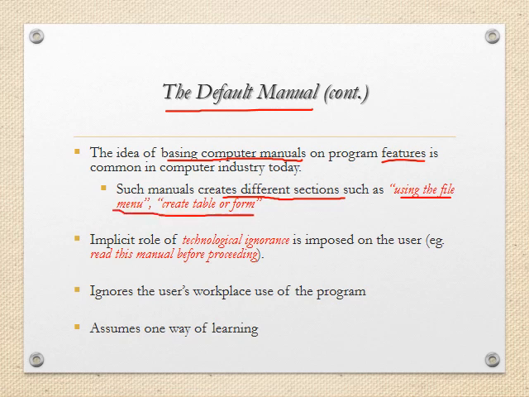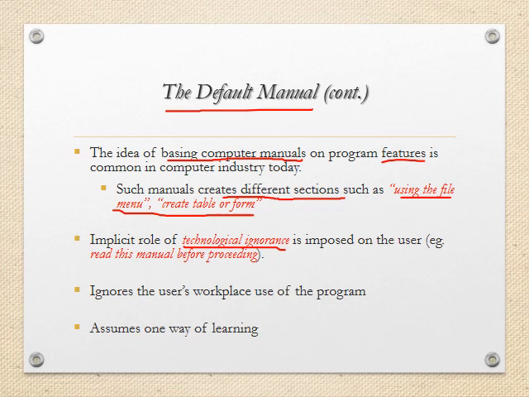These kinds of documents impose an implicit role of technological ignorance. That means they assume that the users are ignorant about their software, or that they don't have knowledge of the product or program they are using.